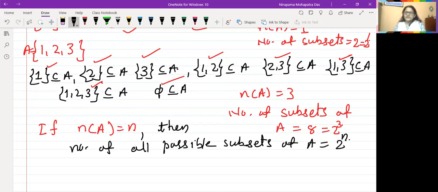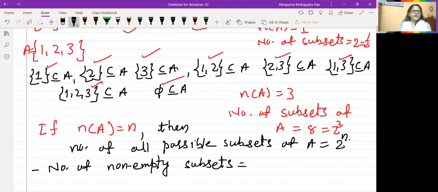So if the question is how many non-empty subsets are possible, let me write it here. The number of non-empty subsets: non-empty subset means phi will not be included.